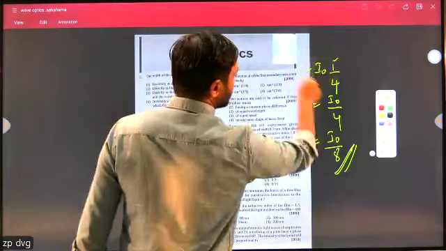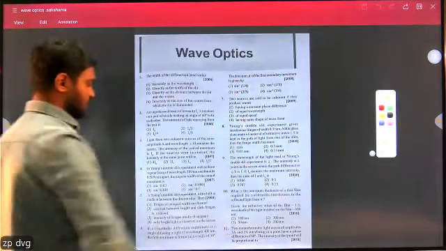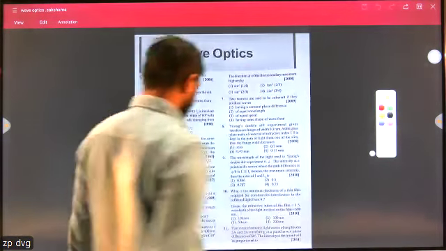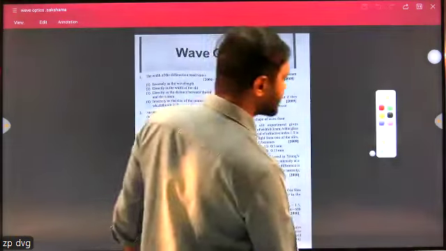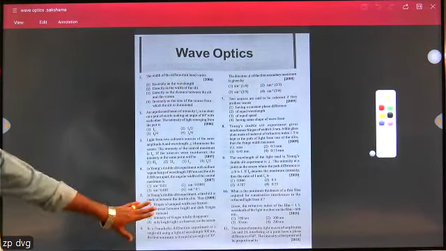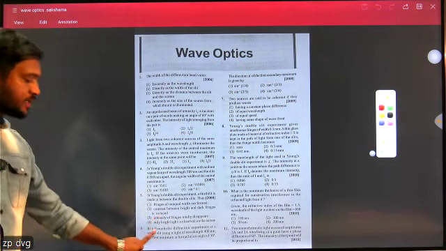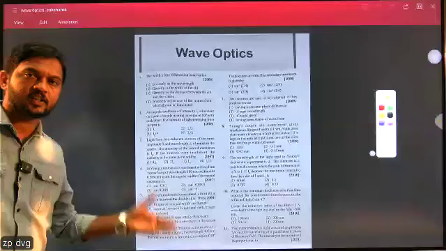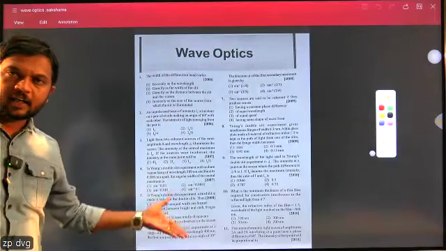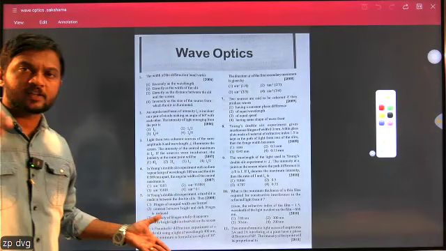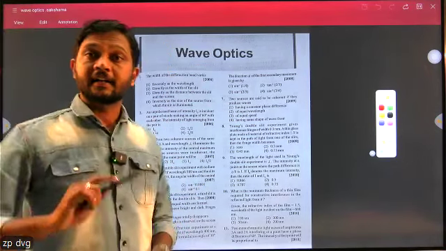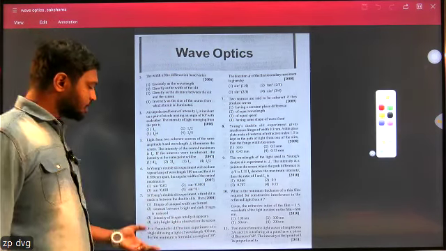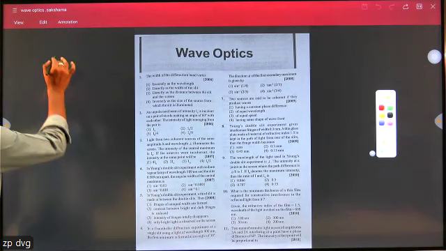Question number 6. In a Fraunhofer diffraction experiment at a single slit using a light of wavelength 400 nanometer.